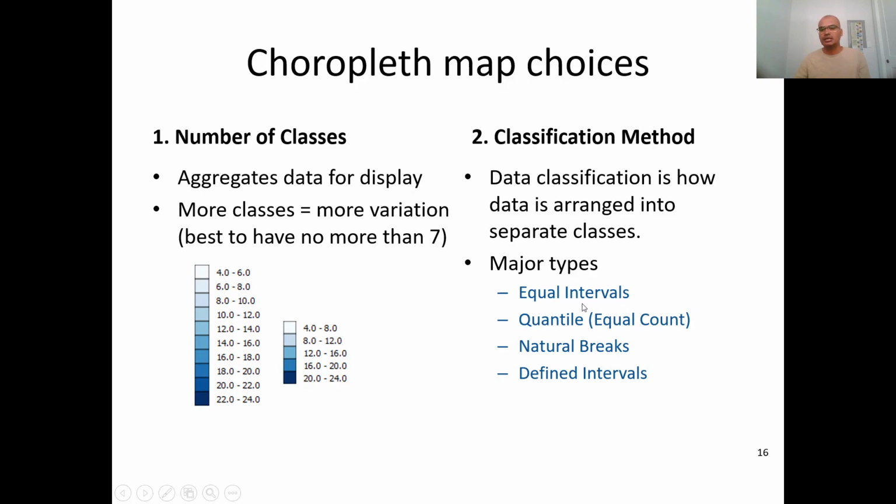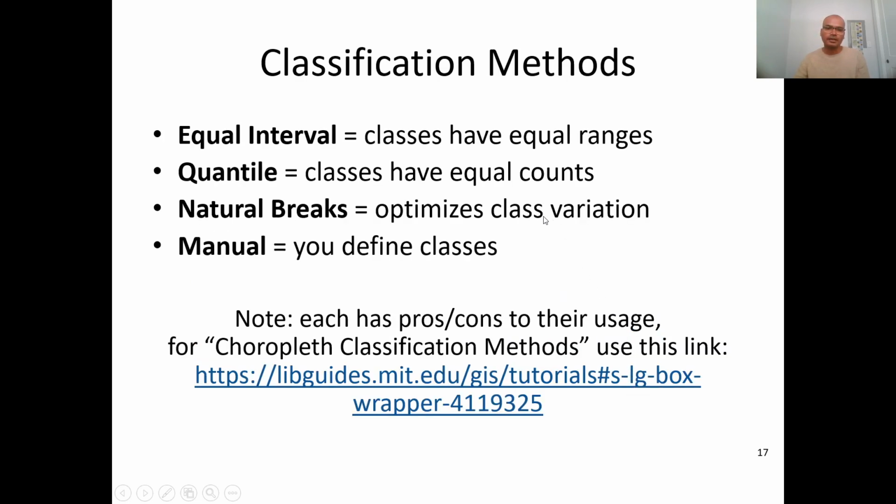There are 4 major types of classification methods, which include equal intervals, quantile, natural breaks, and defined intervals. If you want to show all the classes with equal ranges, you can apply equal interval.